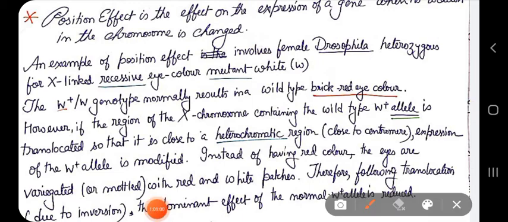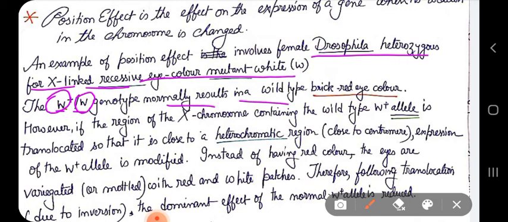Now, the W+ W genotype means that in one of the chromosomes there is a W+ allele, the wild type allele, and the other is the W allele, which is recessive. It results in the wild brick red eye color. Normally, Drosophila have a red eye color, and that is represented by W+ here, which is a dominant allele. Plus indicates the dominant allele.